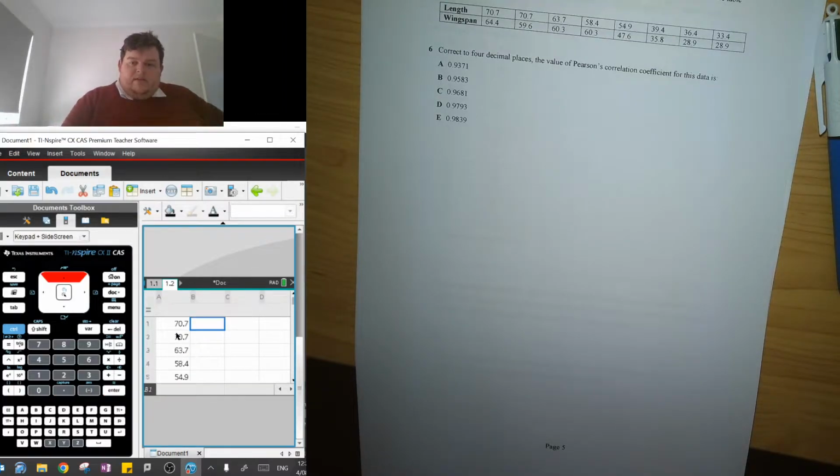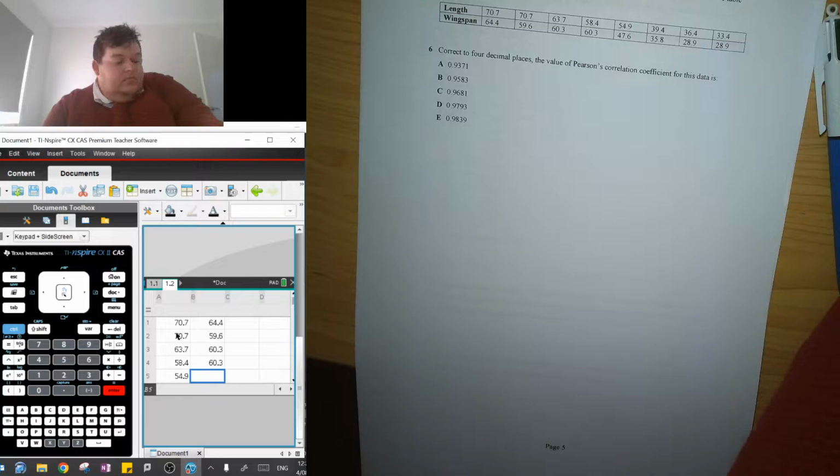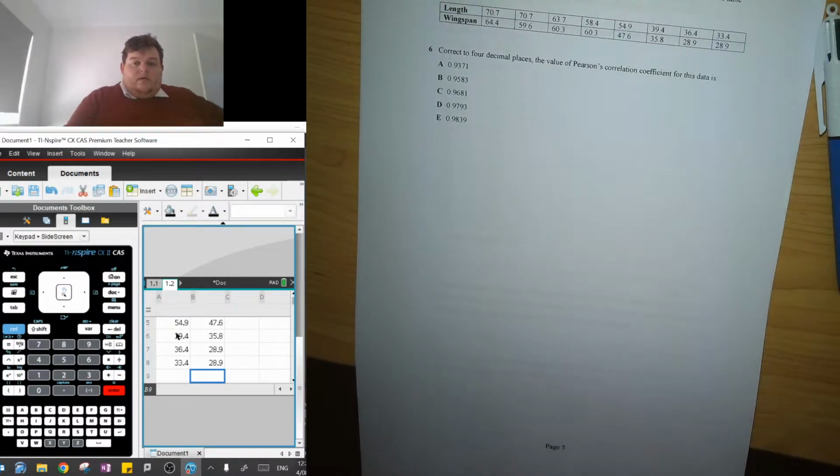Okay, so I've entered in all that data there, and now I've got to enter in the wingspans. Okay, so hopefully I've entered in all that data correctly.